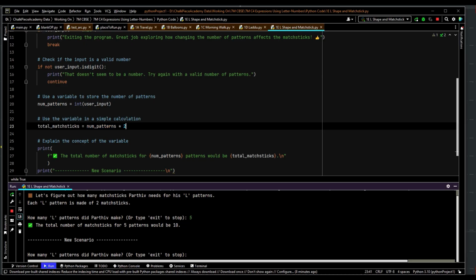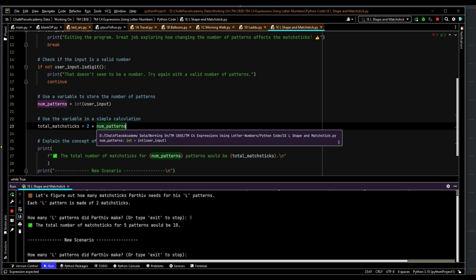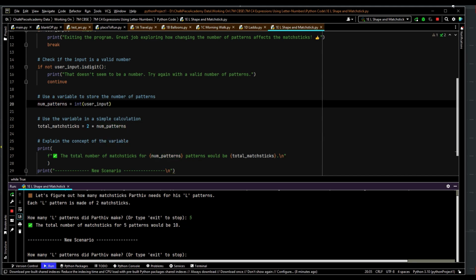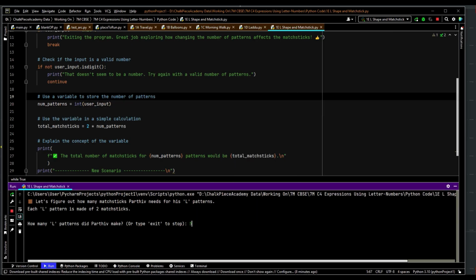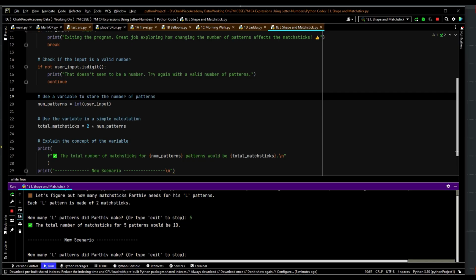Number of patterns into 2, or I would like to go with 2 times the number of patterns. And this will give us the same answer. Can you see that? It's 10. The total number of matchsticks for 5 patterns would be 10.